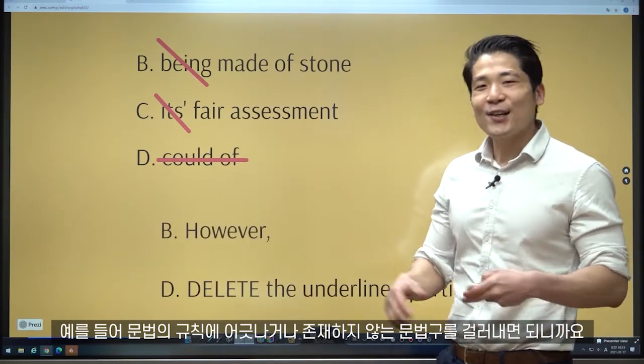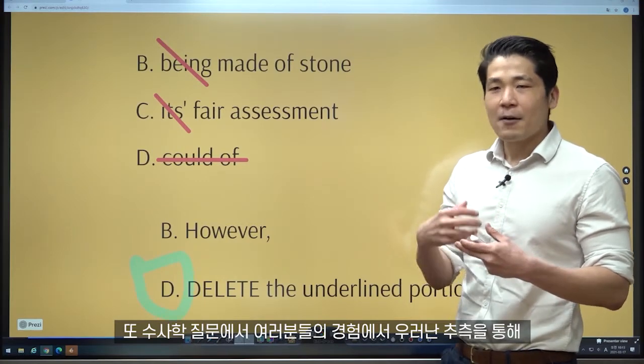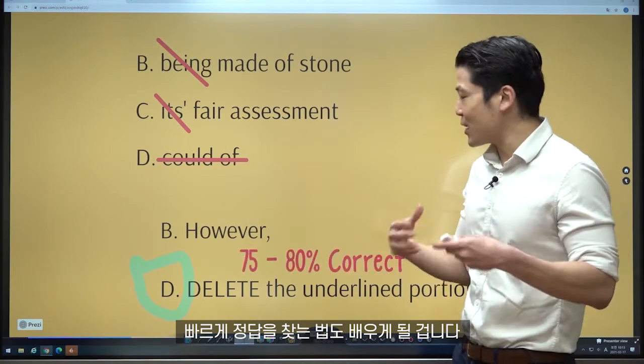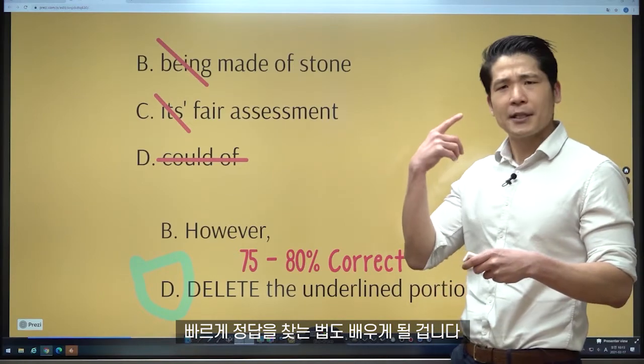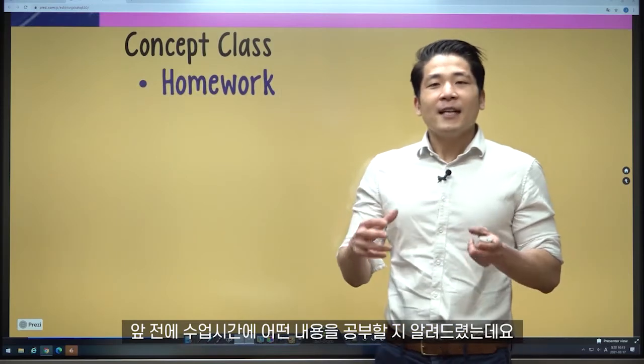You'll also learn some tips or strategies in terms of rhetoric, maybe making educated guesses, so that you can get these questions correct in a speedy manner instead of having to stress or struggle over it.